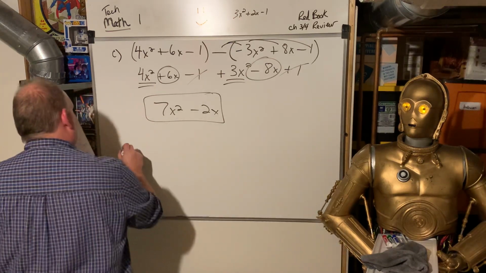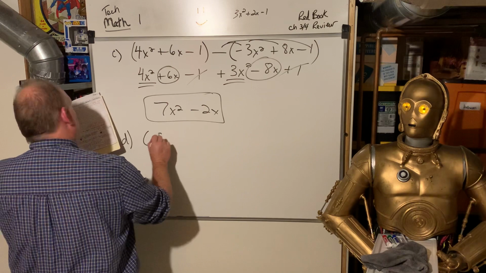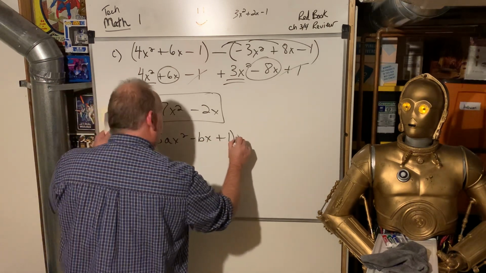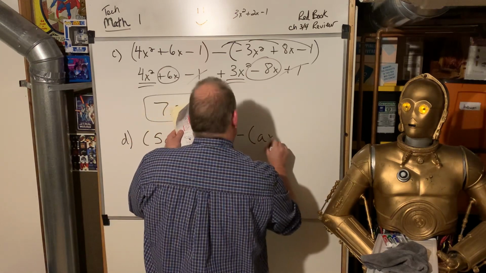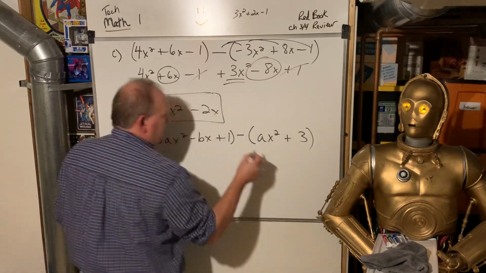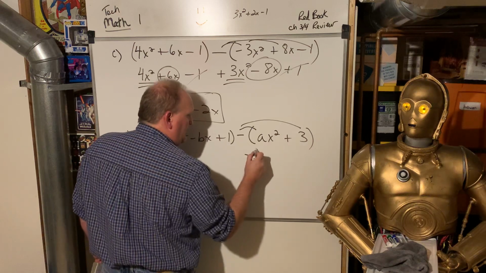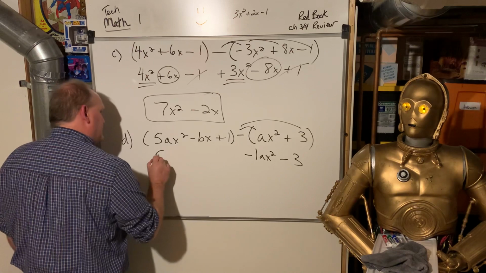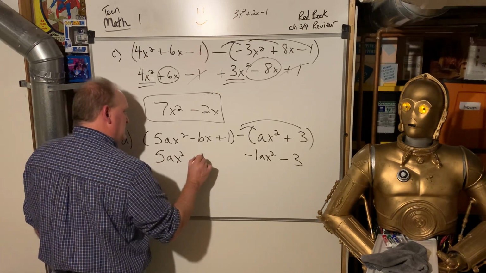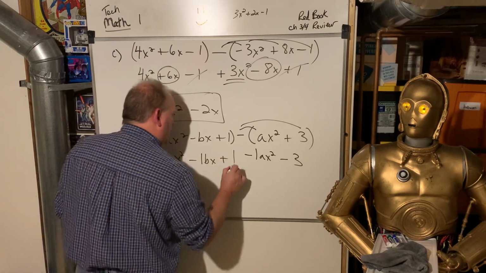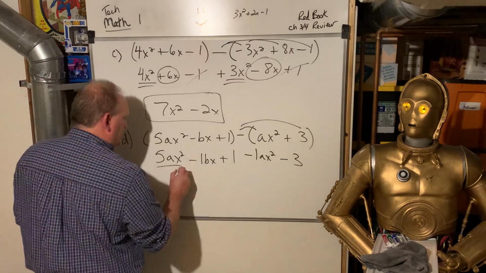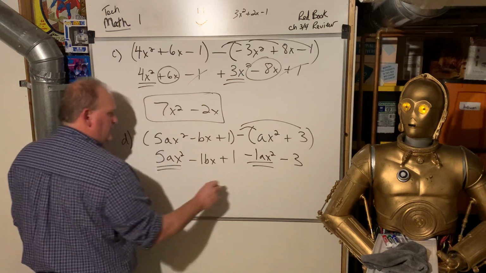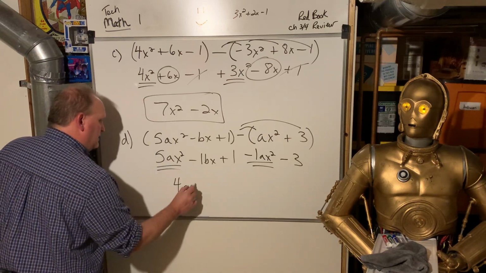All right, let's look at D. That is 5ax squared minus bx plus 1 minus quantity ax squared plus 3. So again, you do the distributive property. That is negative 1ax squared minus 3. And this is 5ax squared minus 1bx plus 1. So this goes with that. 5ax squared minus 1ax squared is 4ax squared.